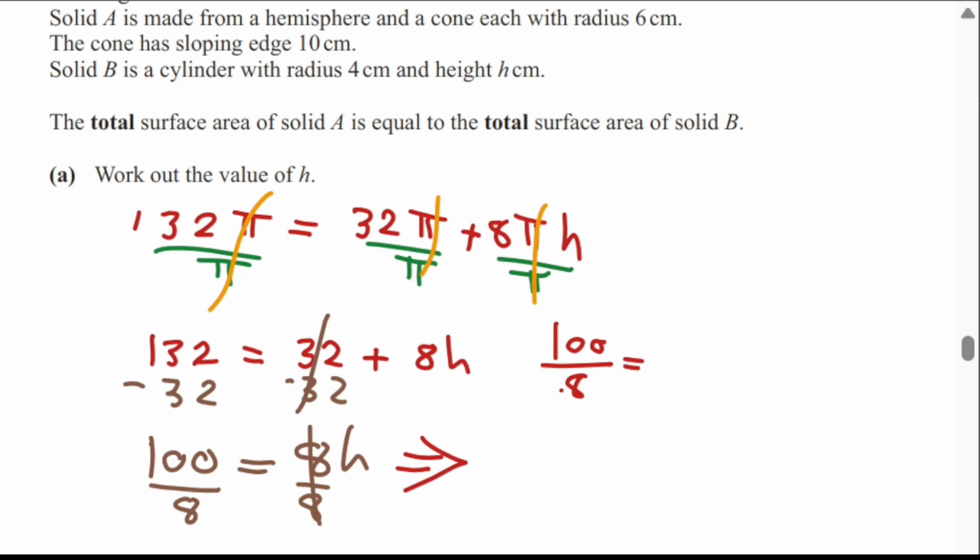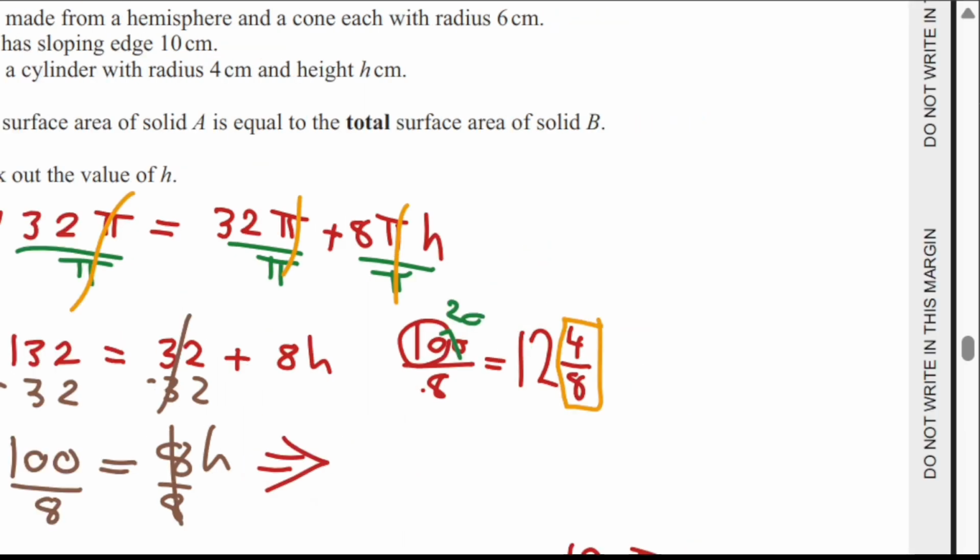How many times does 8 go into 10? It goes one time. The leftover is 2, so bring down the 0, so it's going to be 20. How many times does 8 go into 20? It goes 2 times, which is 16. The leftover is 4 over 8. Have you noticed 4 over 8 is a half? So your answer is 12.5.